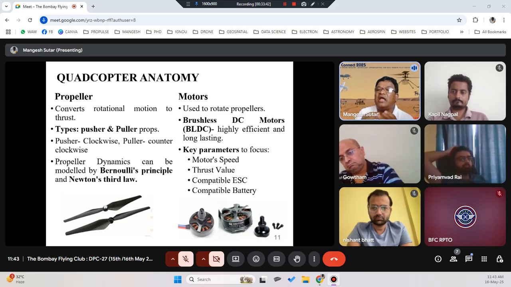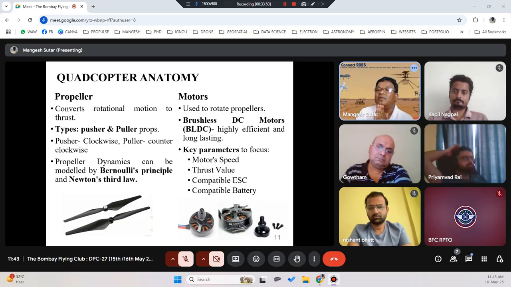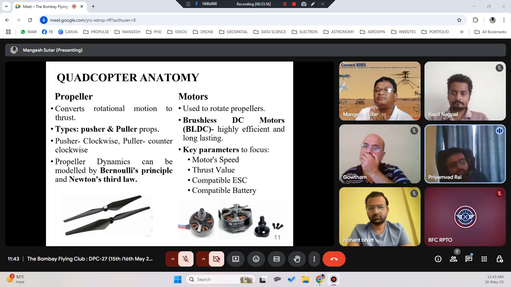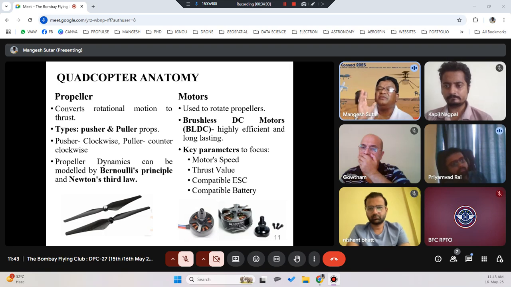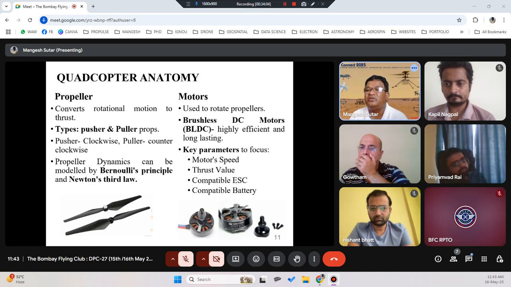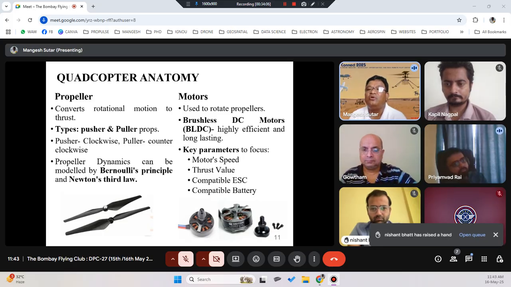So for example, I give you a motor which has a capacity of 6 kg of weight. What will be the total capacity of your drone, the maximum capacity? Sorry, could you repeat that again? I give you a motor with a capacity of picking 6 kg of weight. So what will be your quadcopter's maximum thrust and what will be the payload capacity?